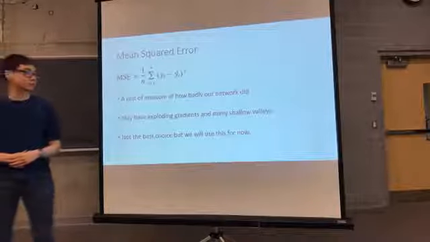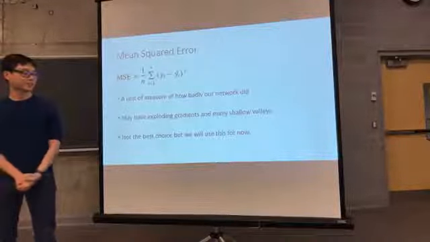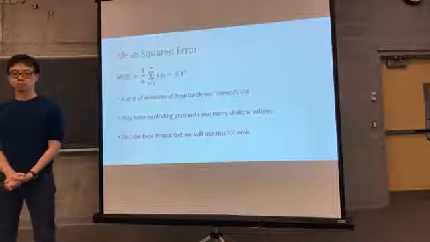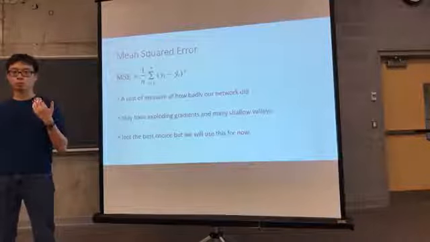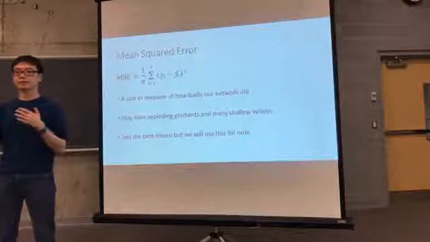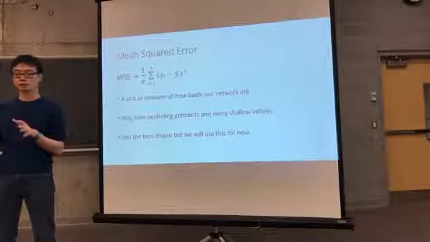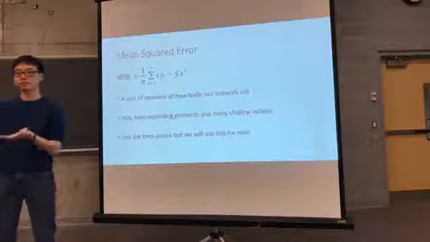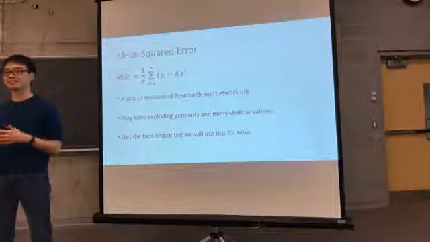This may also have exploding gradients and has many shallow valleys. What do I mean by that? What I mean by shallow valleys is that when you look at the error function and try to interpret it, it looks like a bunch of hills, and those hills have very shallow valleys, which is not good at all.